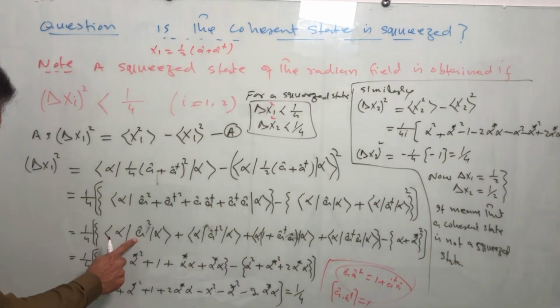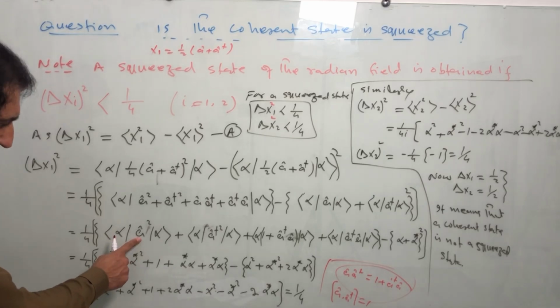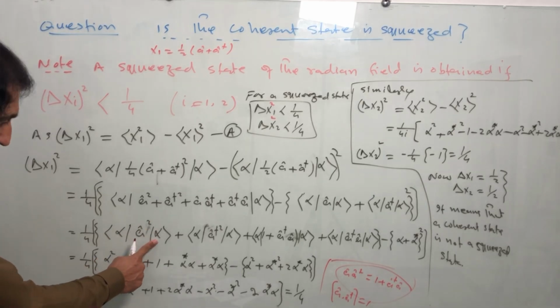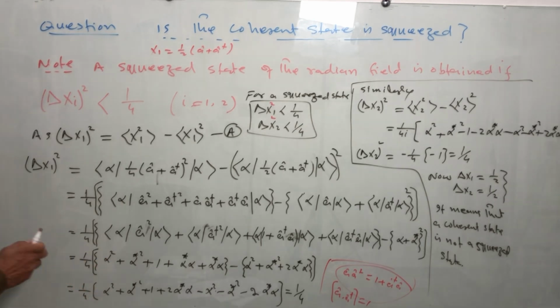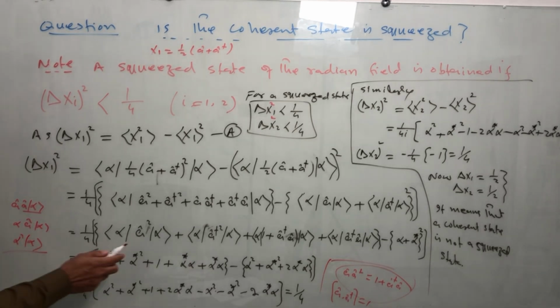If I apply a squared on the alpha state, we get alpha squared. If a is applied on this state, one time we get the eigenvalue alpha, and if we apply it again, we get alpha squared.